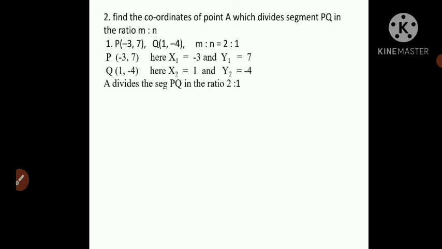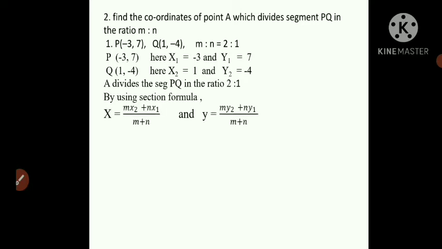Now by using the section formula, we know the section formula for x is (mx2 plus nx1) upon (m plus n) and y is equal to (my2 plus ny1) upon (m plus n). So we'll substitute the values. m into x2: m is 2, the ratio given, 2 into x2, x2 is 1, plus nx1, n is 1 multiplied by x1 is minus 3, upon m plus n means 2 plus 1.